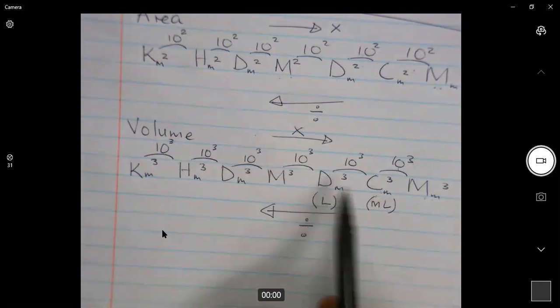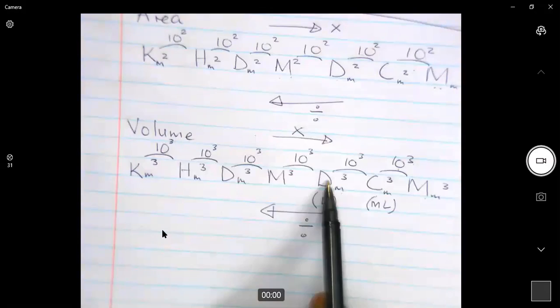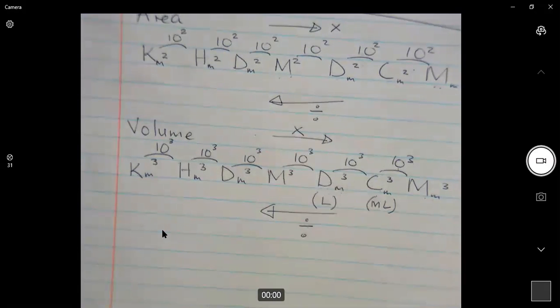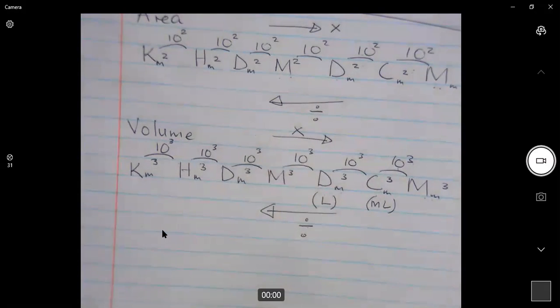So that step is 1,000. We're not going to use 100. We're not going to use 10. We use 10 to the power 3. Please note, liters is the same as cubic decimeter. So in the exercise that I gave you yesterday, there were liters. Wherever you have liters, it simply means the same thing as cubic decimeter. Is that clear? Right.